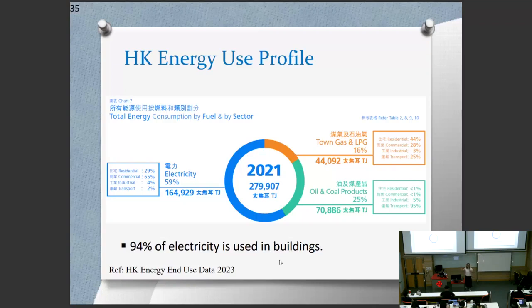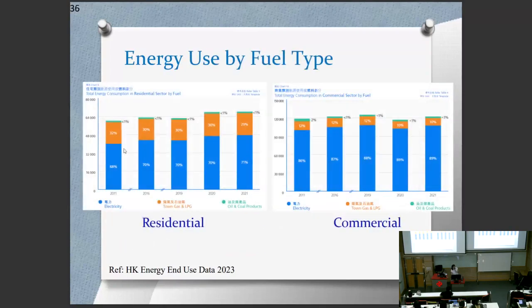And how do we consume electricity in the buildings? We have the lighting, the air conditioning, and all these building services systems. They contribute to most of the electricity and therefore most of the carbon emissions, for the Hong Kong case.